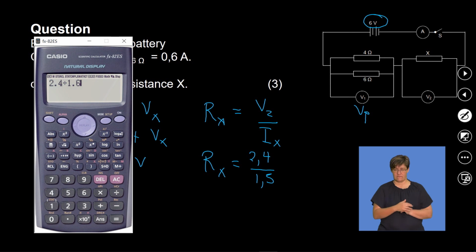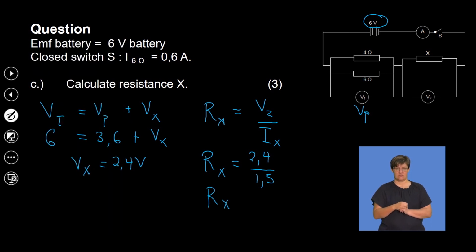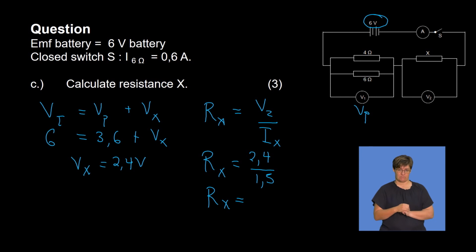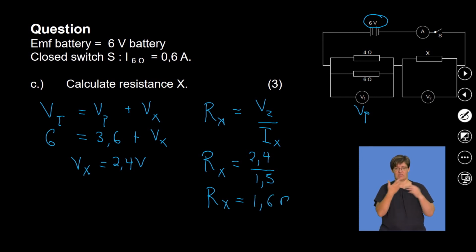Make sure that the values that you enter are correct. So the resistance of resistor X is actually 1.6 ohms, right? Just to confirm that, 1.6 ohms. That's the magnitude of resistance, right?